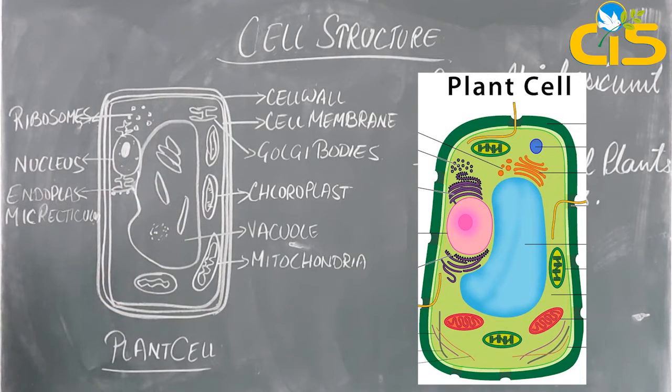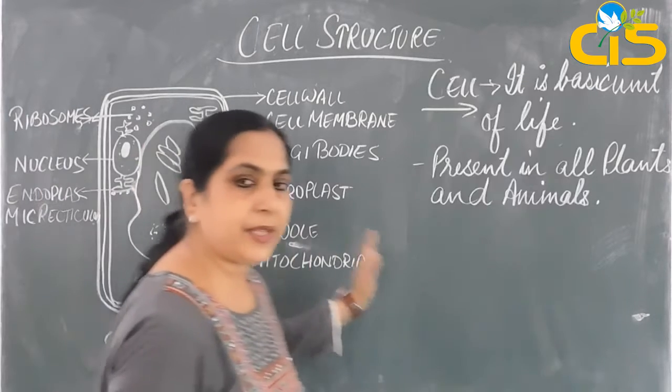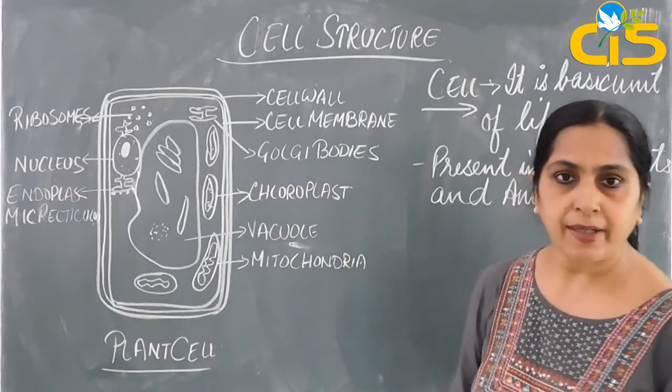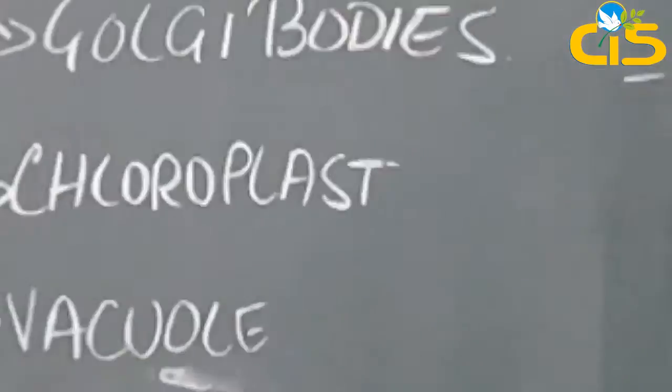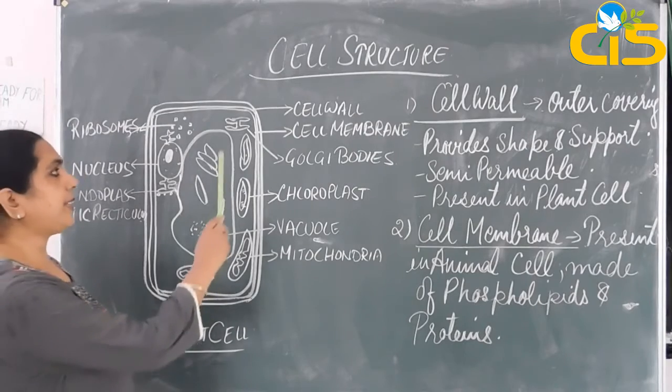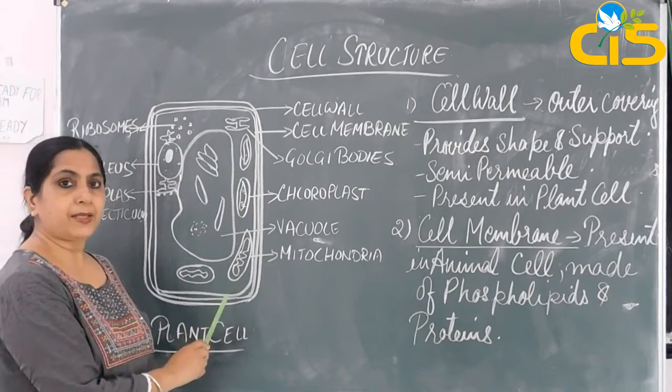Then the third category is the nucleus, which gives life to the cell and is also called the brain of the cell. So the cell structure is divided into three categories. We have discussed the cell structure of the plant.